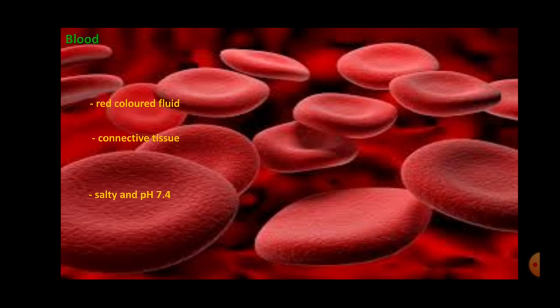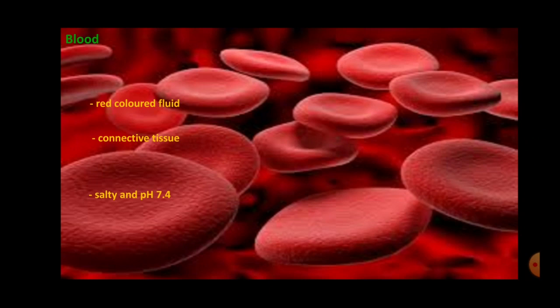Second type of cells are WBC or white blood cells, and they are also called soldiers of our body. They are very large, they have a nucleus, and they are colorless. Now, there are different types of WBCs present inside the blood. They are also produced in the red bone marrow. Third type of cells are the platelets, which perform a very important function called coagulation of blood or clotting of blood.